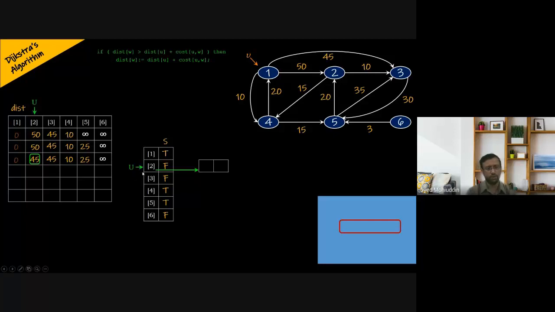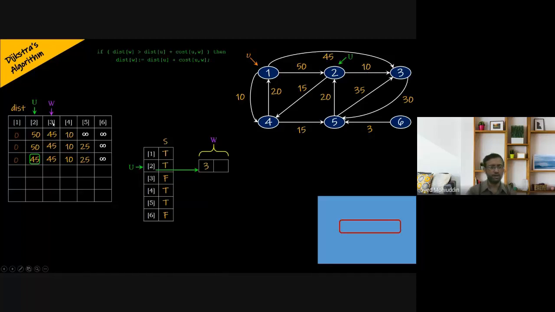vertex U. Now vertex 2 has 2 edges going out. Obviously, we make vertex 2 in array S as true. First, the edge from vertex 2 to vertex 3 with the cost 10.